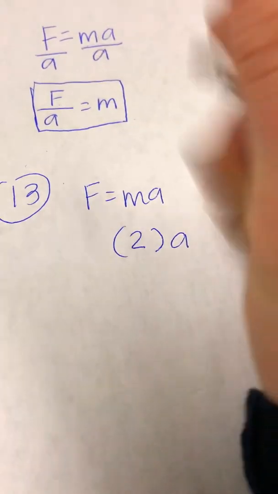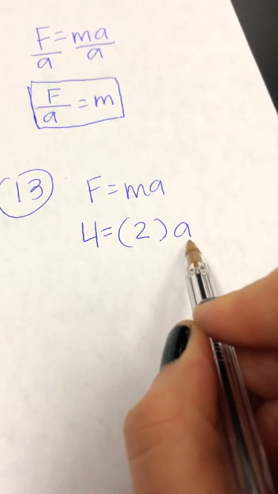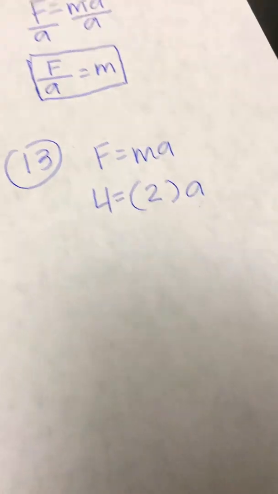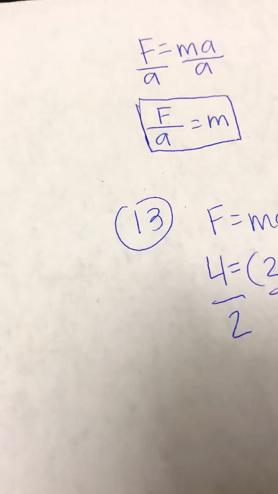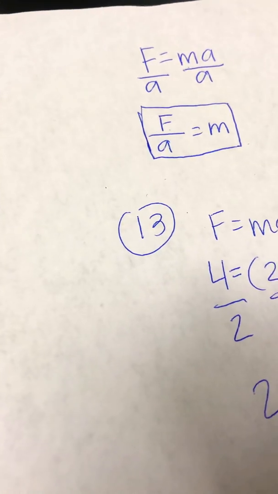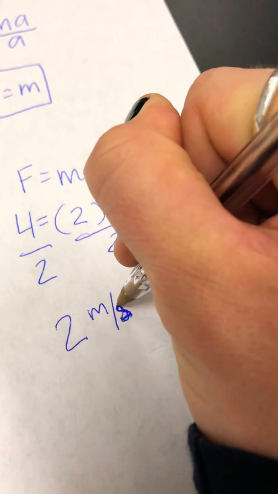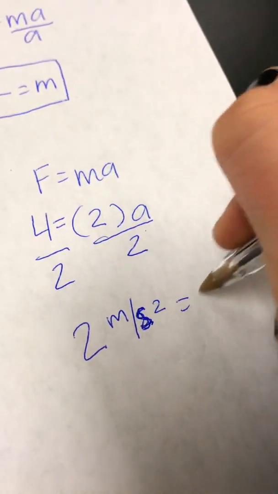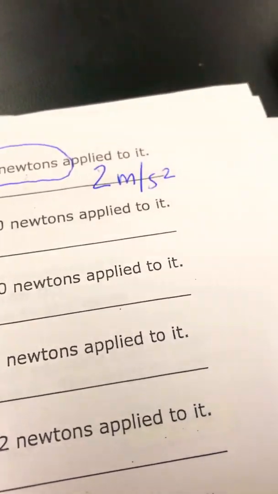I don't know my acceleration, but my force was 4. So in order to get the a by itself, I have to do the opposite of multiply, which is divide. And whatever I do to one side, I do to the other. So my acceleration equals 2 meters per second squared.